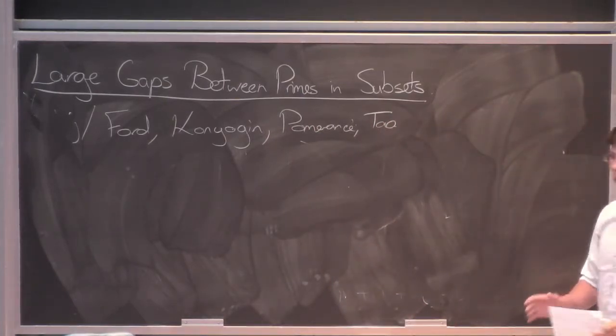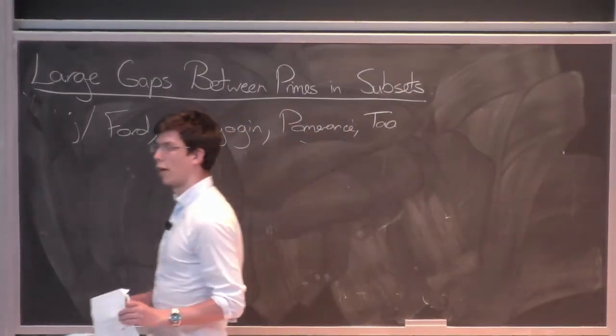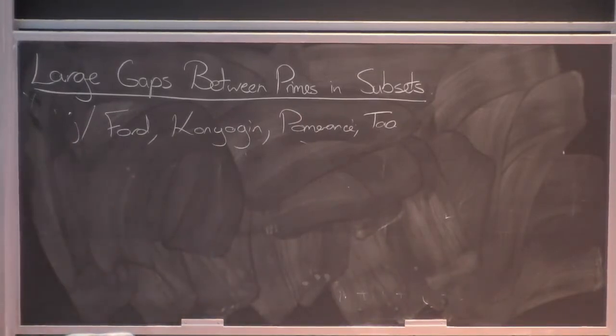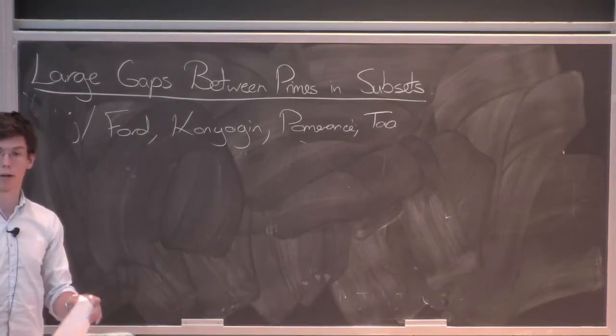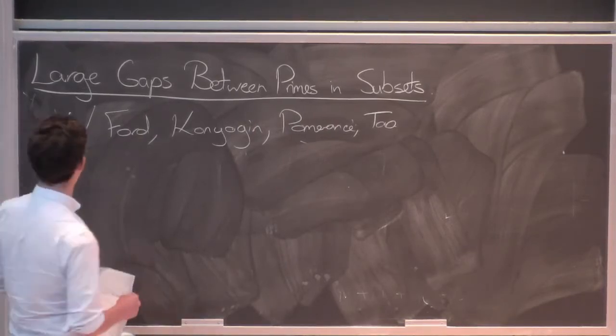And the basic question I'd like to think about today is, if you take your favorite subset of the integers, what's the distribution of primes in that set, and in particular, how large can the gaps between the primes be?